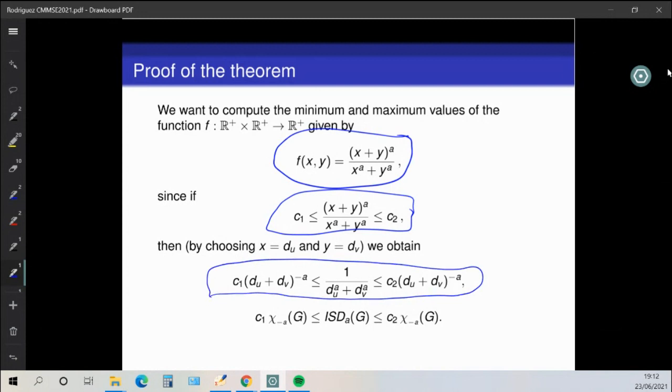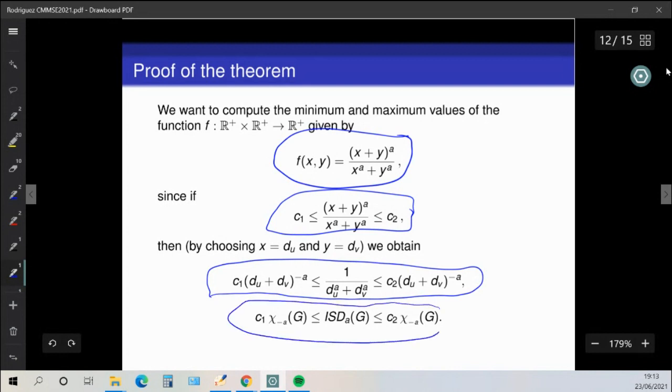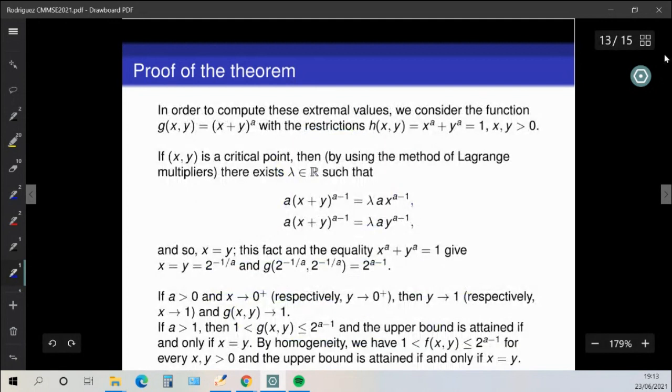Okay, and now if we sum over every edge of the graph, we obtain the inequalities for our indices.